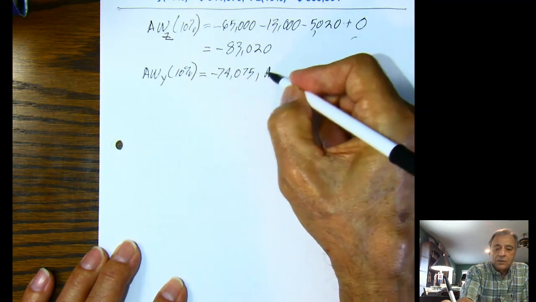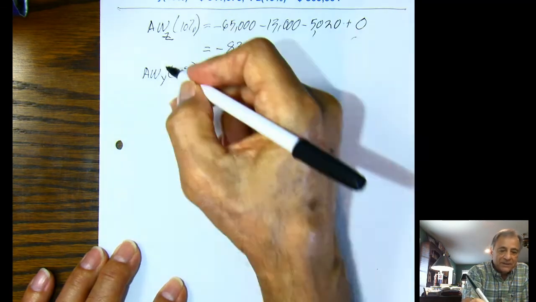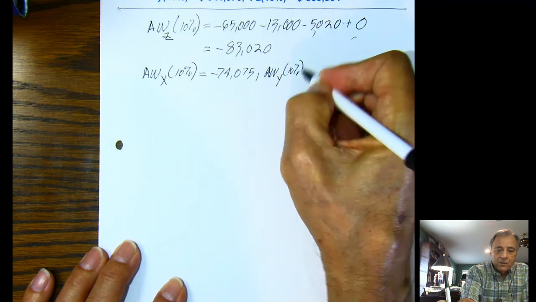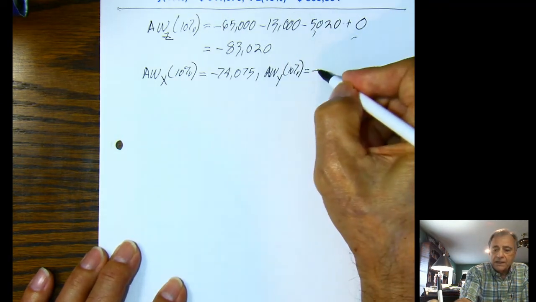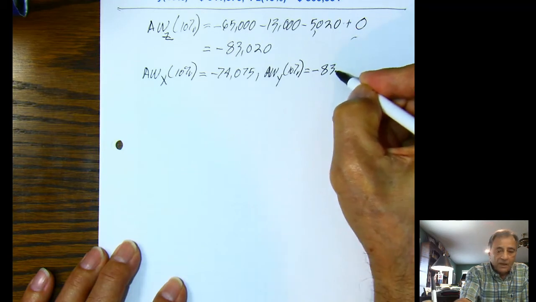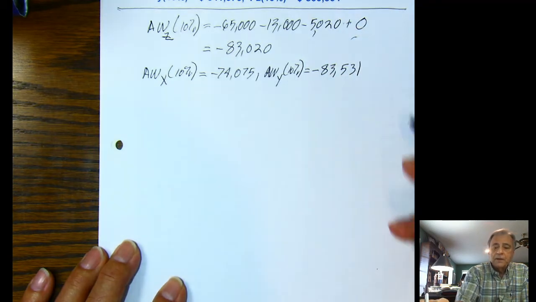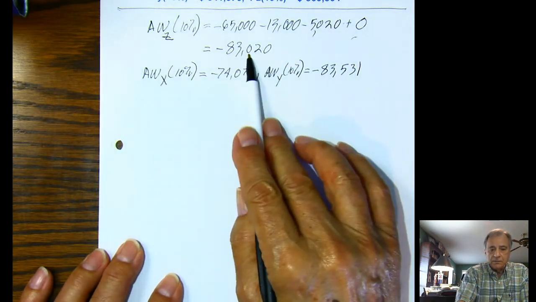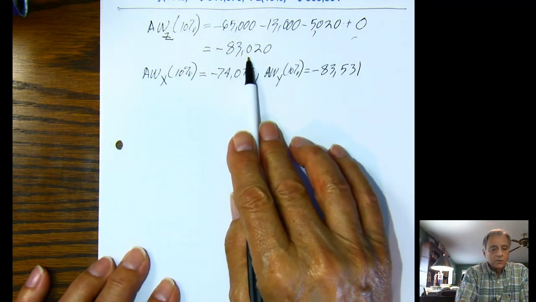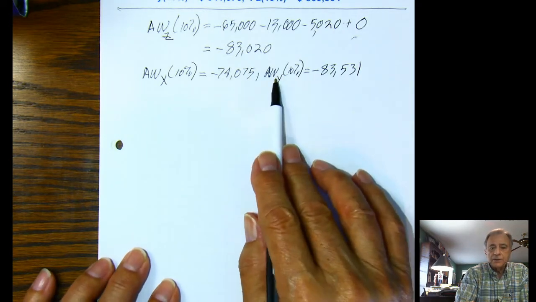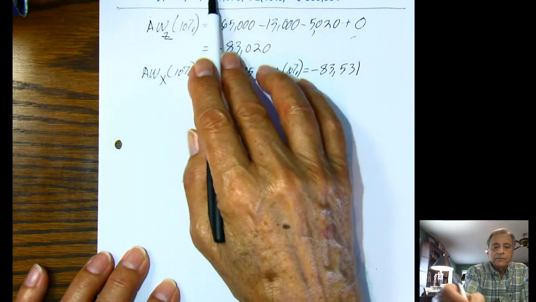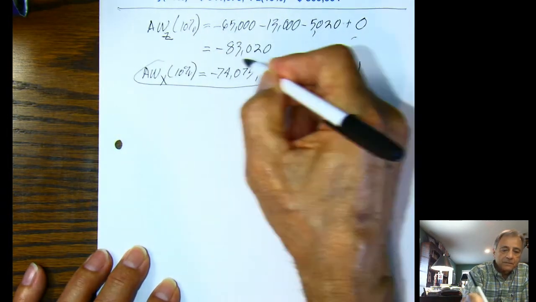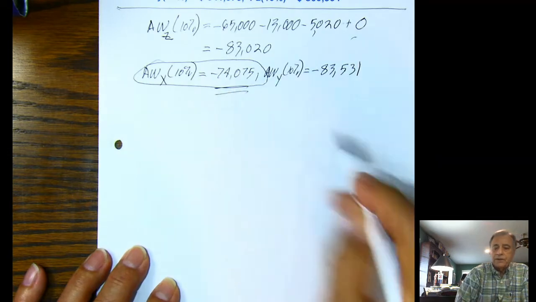I'm sorry, that was X. The annual worth of Y at 10% we computed to be minus 83,531, and the annual worth of Z was this number. So which is the best alternative? Obviously that would be X. So this is the answer to part A.